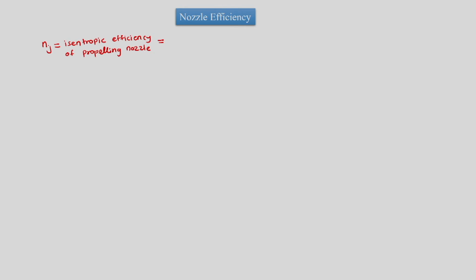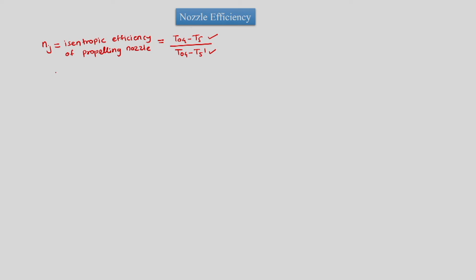So this efficiency has the formula T04 minus T5, which is the actual expansion, divided by T04 minus T5 dash. The numerator has relevance with the actual kinetic energy gained in the nozzle expansion, and the denominator has relevance with the ideal kinetic energy gained in the nozzle.